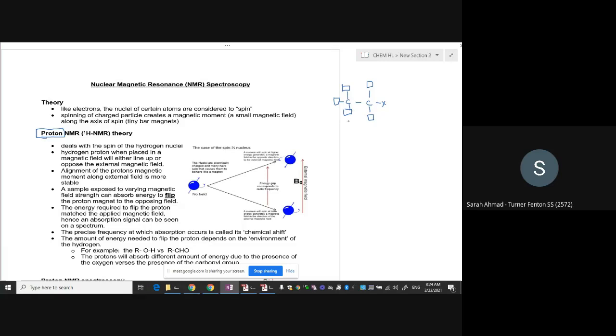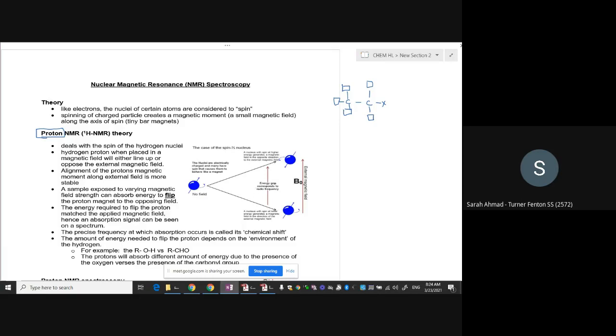Because once I can identify exactly where the hydrogens are positioned, then I can come up with a very precise structure. So NMR is a very, very strong analytical technique because it goes beyond mass spec and IR and really deduces the exact sequence in which the carbons are connected, and those connections are deduced based on how the hydrogens behave in the presence of radio waves.